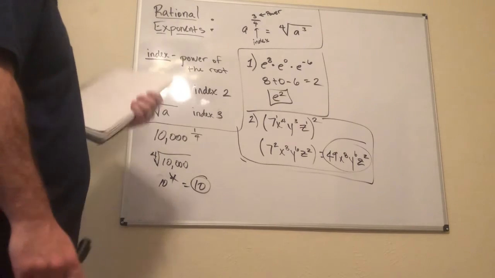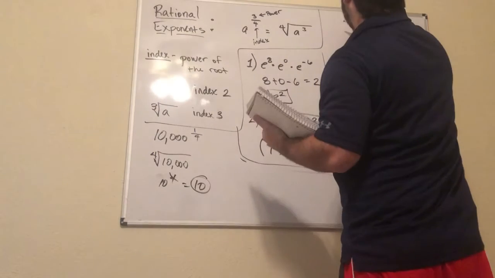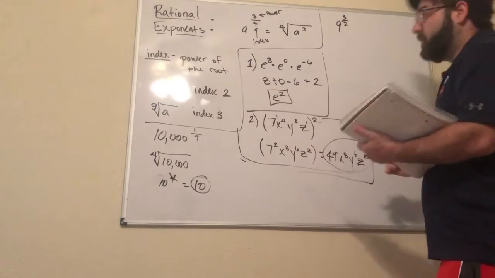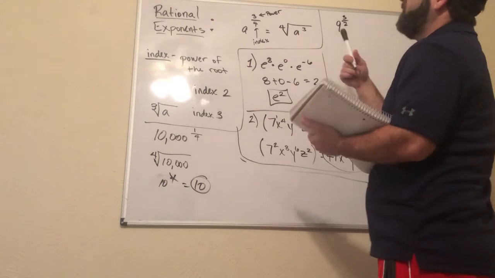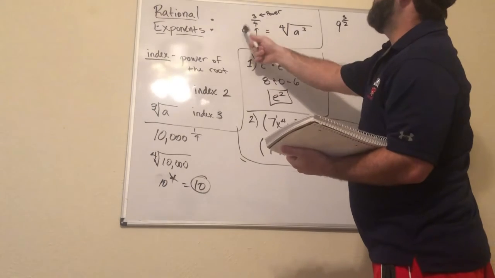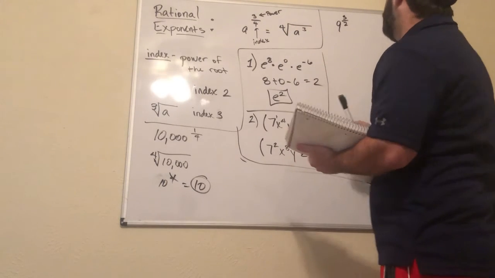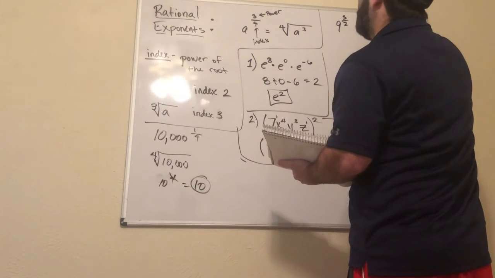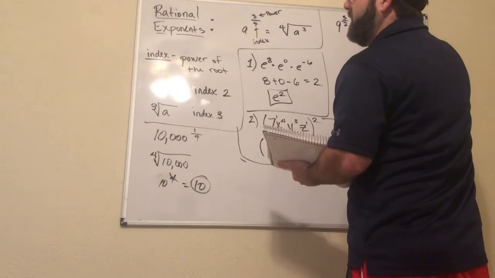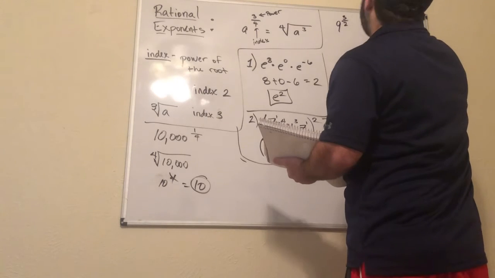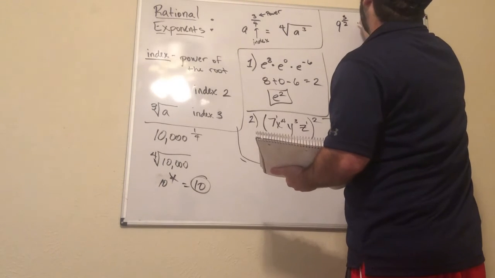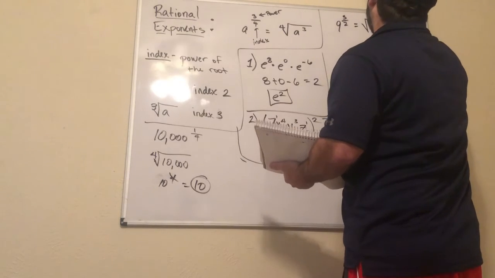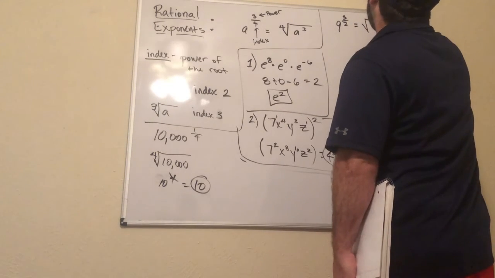sorry. So the other one I had picked was 9 to the 3/2. So just remember, oh, wow, it almost even looks the same. This is going to be 9 to the 3rd power square root. So 9 to the 3rd power is 729, I believe. Let's see, 81 and 9. Yeah. So this is going to equal the square root of 9 cubed.